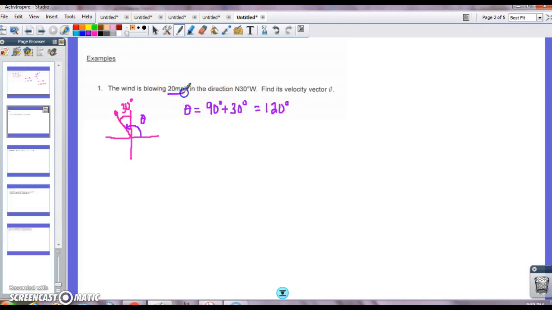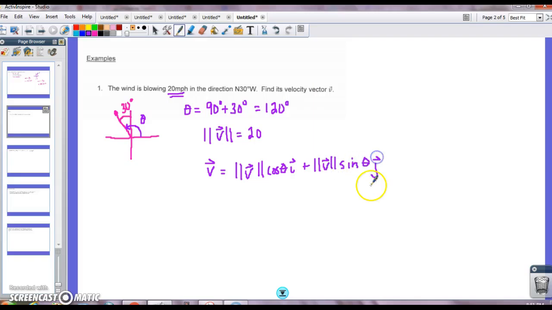Now I know the magnitude because it told me that it's 20 miles per hour. But what I'm trying to do is find the velocity vector. So I know that my theta is 120, and I know that my magnitude is 20. And so I can just simply plug into my formula the magnitude of v cosine theta i plus the magnitude of v sine theta j. So I plug that in.